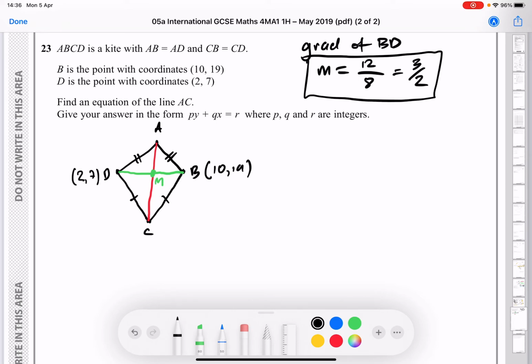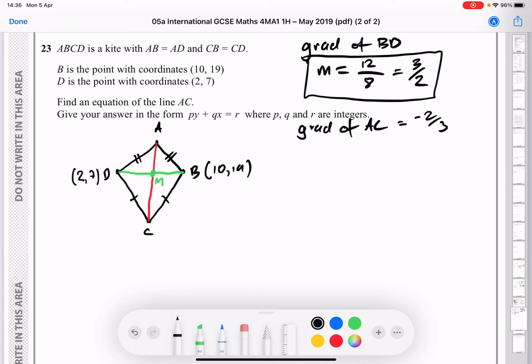We now know that the gradient of AC, the line that we're interested in, is equal to -1 divided by that, which gives you -2/3. That's another mark. That's just a memory thing. We have to remember that when lines are perpendicular to each other, when they're at right angles to each other, then to switch between one line and the other, you do -1 divided by, finding the negative reciprocal.